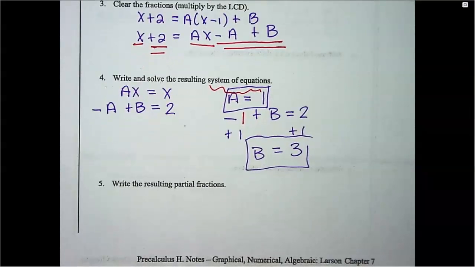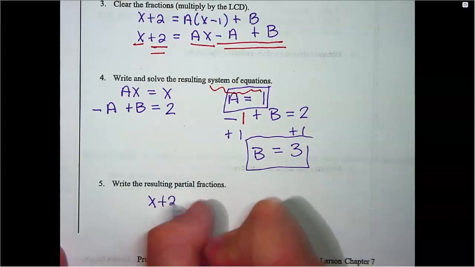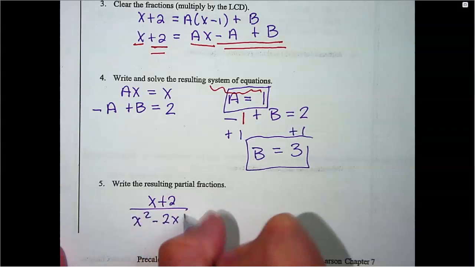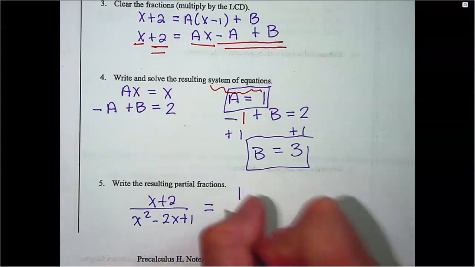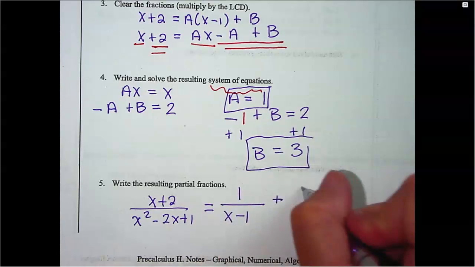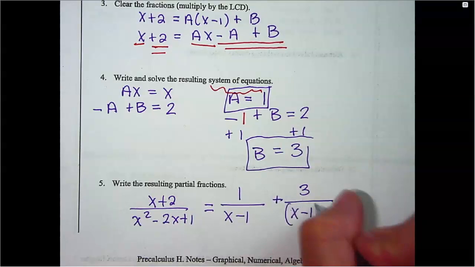And let's write the partial fraction decomposition. So the original fraction is x plus 2 over x squared subtract 2x plus 1. That's going to be equal to 2 simpler fractions. What are we adding together to get this? We are adding together 1 over x minus 1 plus b, so 3 over x minus 1 squared.